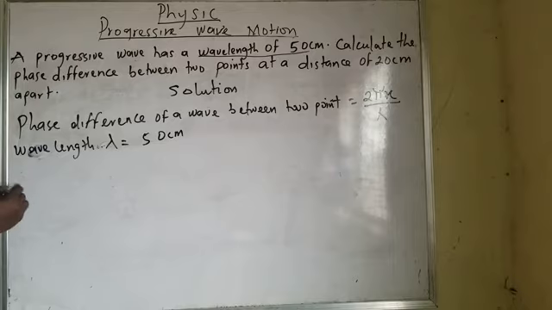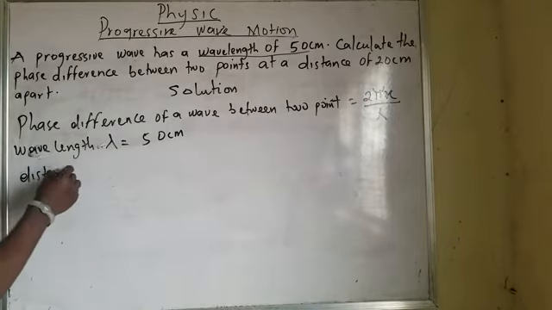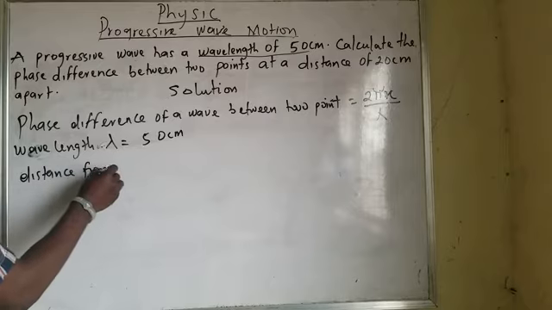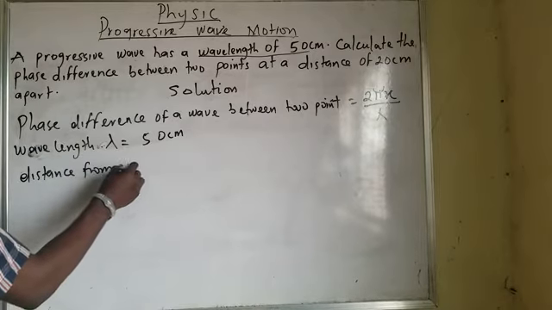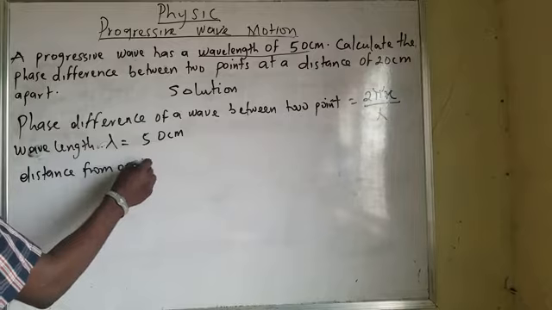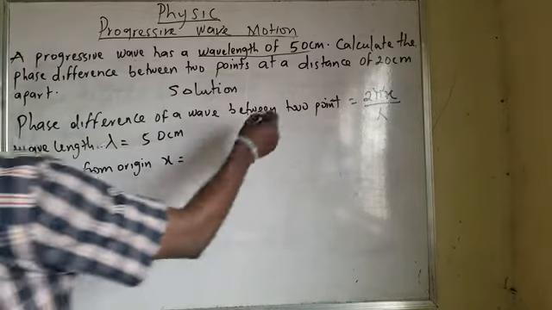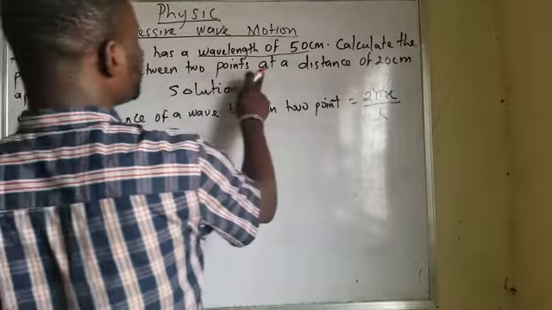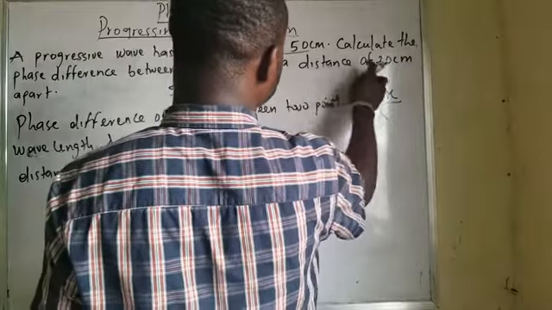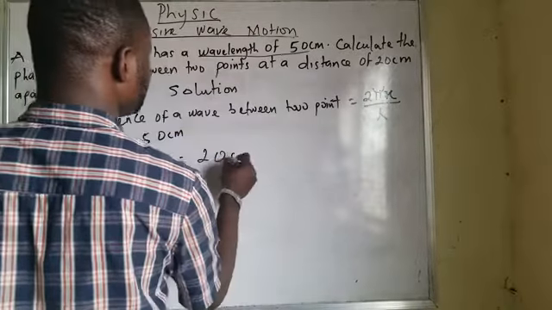Distance from origin, which is x, is 20 centimeter, which is the distance between 2 points, the difference between 2 points at a distance of 20 centimeter.